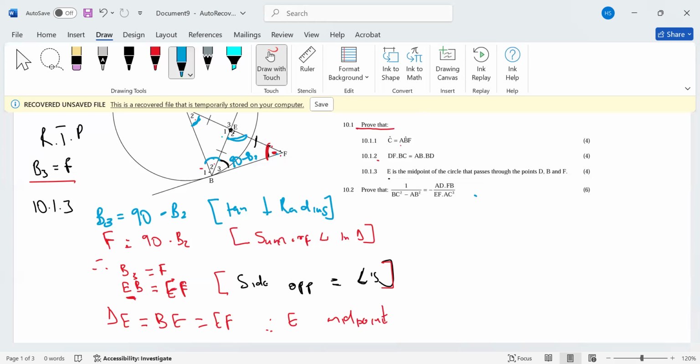Yeah, because they said it's the midpoint. But I'm worried because they didn't say it's the center, and there's a difference between a center and a midpoint. But because this one is 90, I'll give you the benefit of the doubt. Yes. Then it makes it a center. If you can prove that E2 is twice this one, it should be fine. Provided this is 90, then it makes this thing here a diameter.